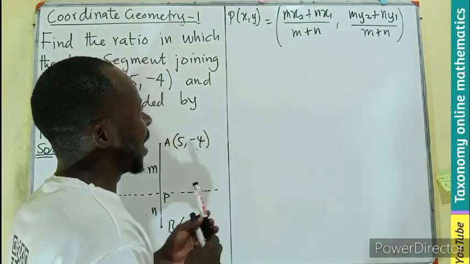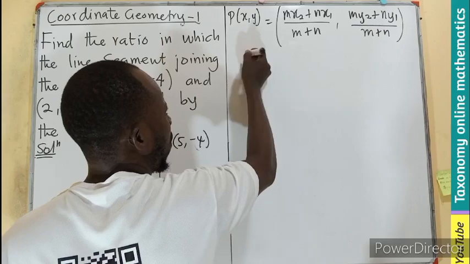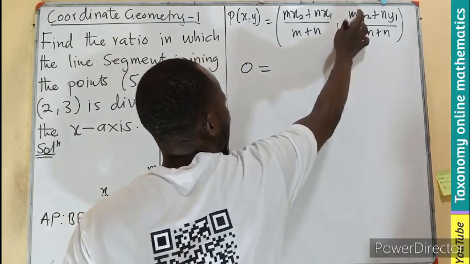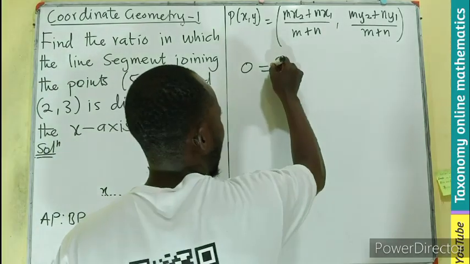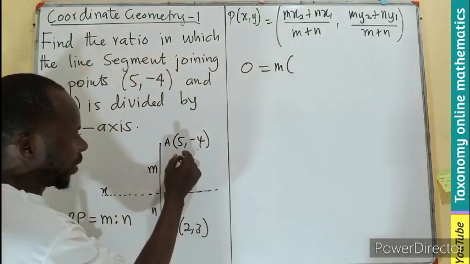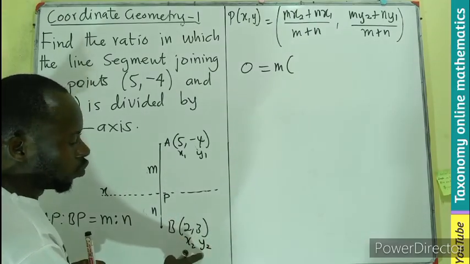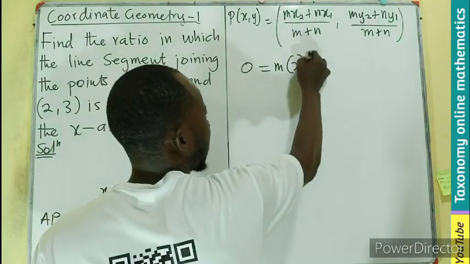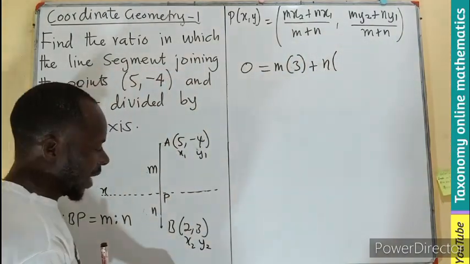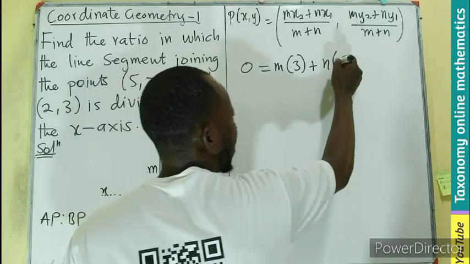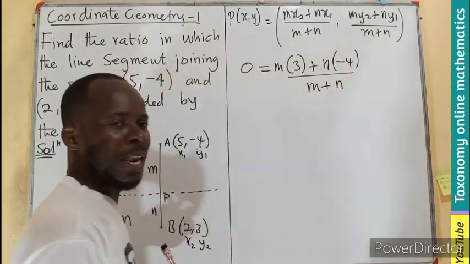So I can rewrite that as 0 equals m, which is the ratio we are looking for. So m will multiply, this is our x1, y1, x2, y2. So y2 will be 3. Then our n will also multiply the y1, minus 4, all divided by m plus n.